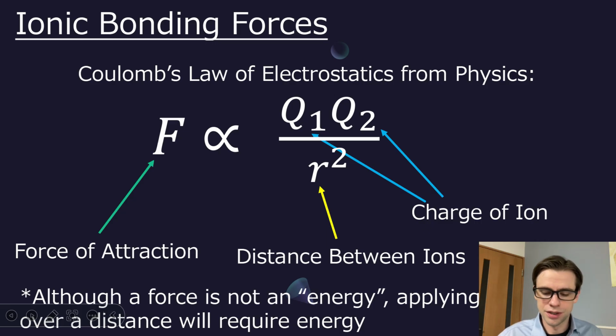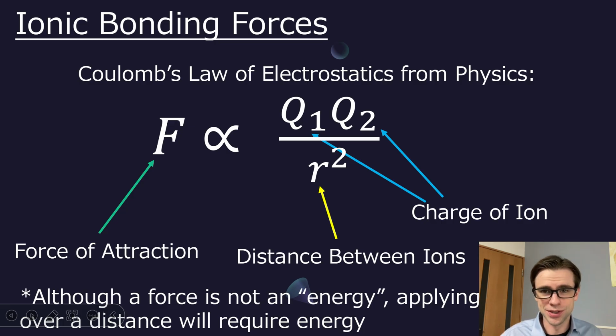So there's an equation in physics, I think, discovered by the scientist Coulomb. The force of attraction, the electrostatic force, is proportional to the two charges, Q1 and Q2. So in our example, it could be the sodium cation and the chloride anion. So they have some number of charge in SI units of coulombs.